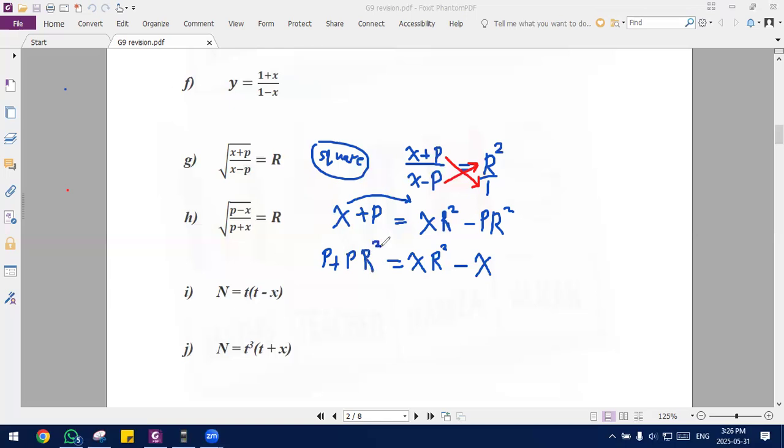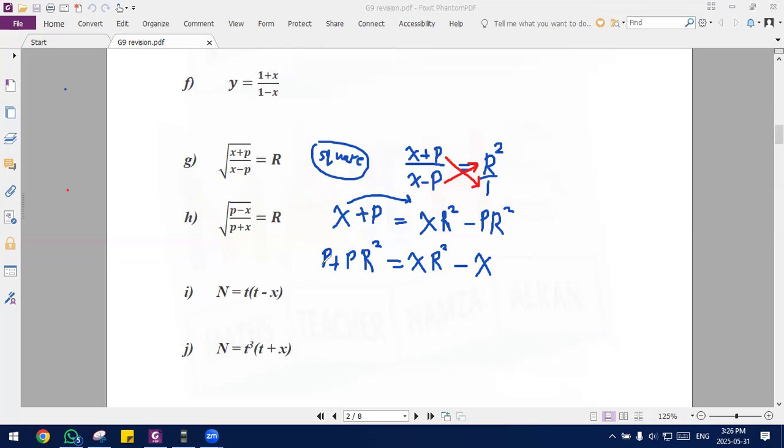Now you should tell me the next step. Divide by what? We need to make x the subject. You cannot divide by the subject. We only care about x.